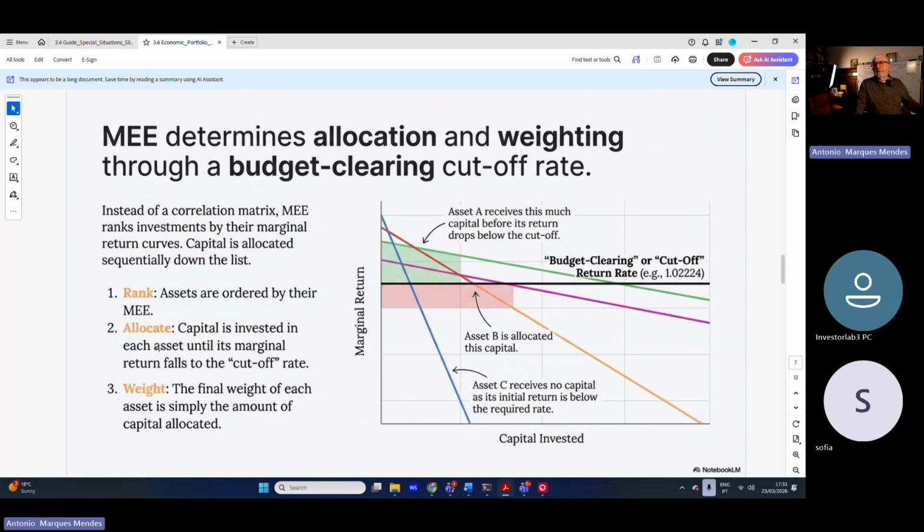So for practical reasons, in the SADIF platform, we just looked at the intercept point, and we rank the stocks and the allocation of the different stocks based on the intercept. We didn't go far enough to consider all the other things. But from a theoretical point of view, of course, this is much superior to traditional modern portfolio theory.